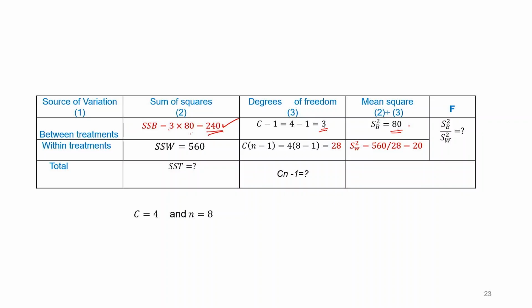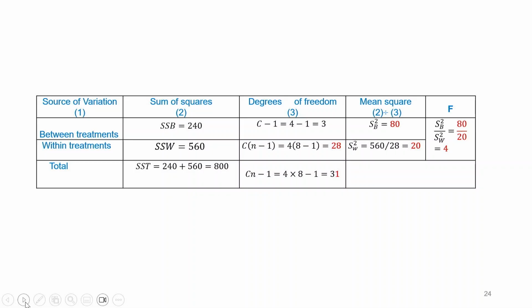And this was already stated. We have found out the value of C here. So A squared W is going to be 560 divided by 28, which is 20. So this gets filled up, this also gets filled up. If I know 80 and 20, I can find out the calculated value of F, which is 80 by 20, equal to 4.